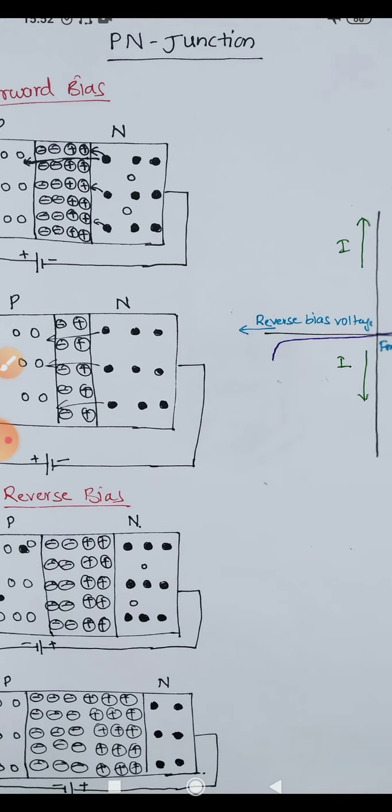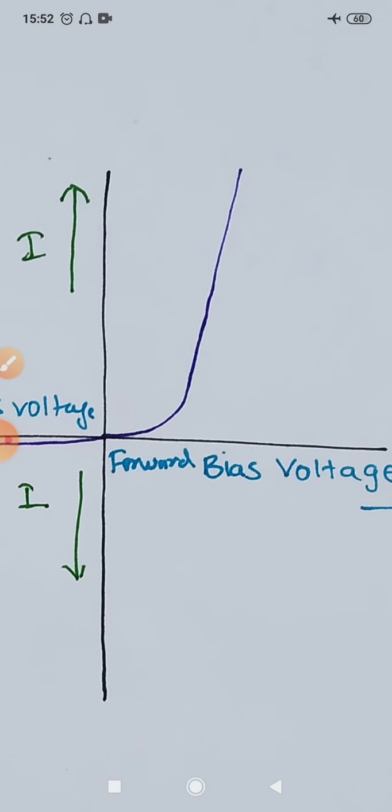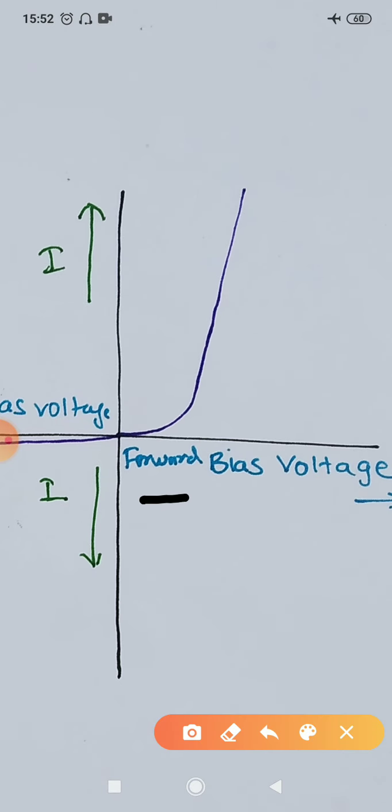Here you can see in the diagram. As you are increasing the voltage, initially you can see very little amount of current because during this the depletion layer width decreases.